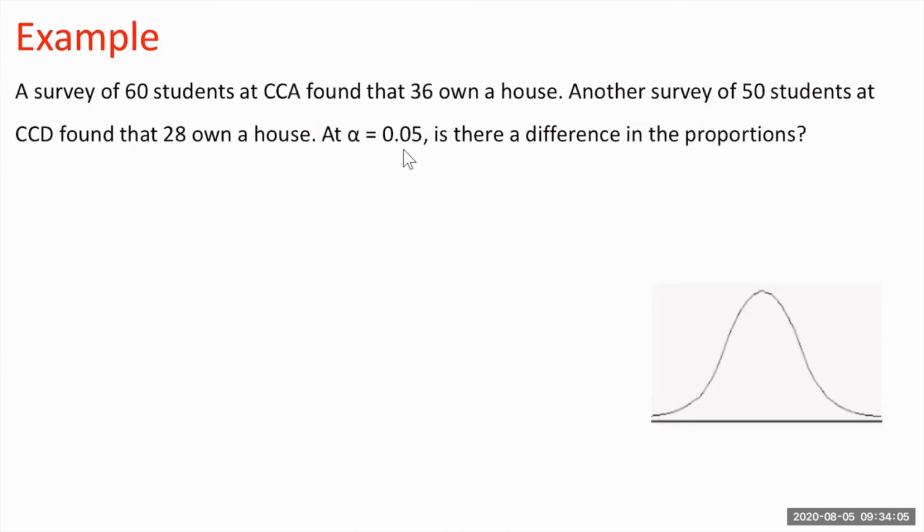At alpha equal to 0.05 or 5% significance level, is there a difference in proportion? That's what we need to check. So let me write the information here so that it looks a little beautiful. Here the survey is conducted at CCA and CCD. So two group of samples.